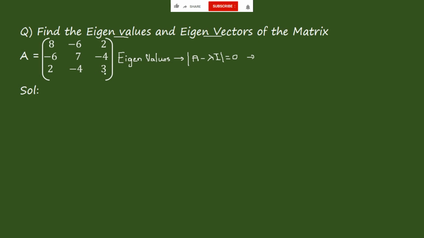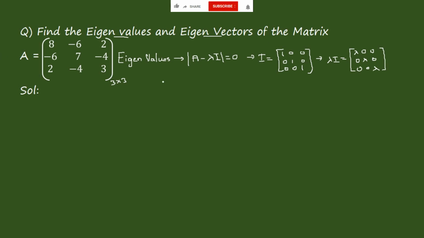What is the matrix? It is given here. It is a 3 cross 3 matrix. The identity matrix I is 1 0 0, 0 1 0 and 0 0 1. Then lambda times I becomes lambda 0 0, 0 lambda 0 and 0 0 lambda.